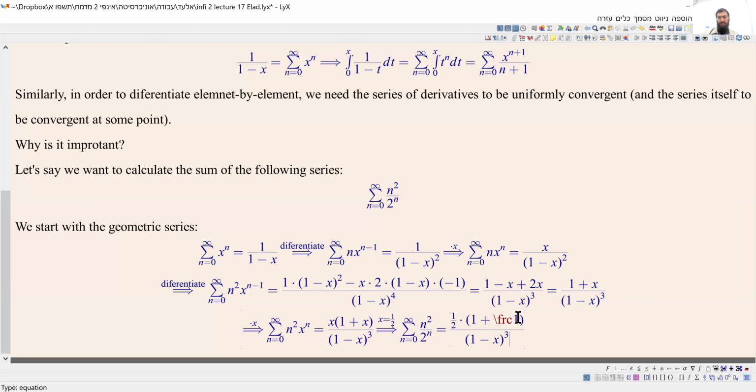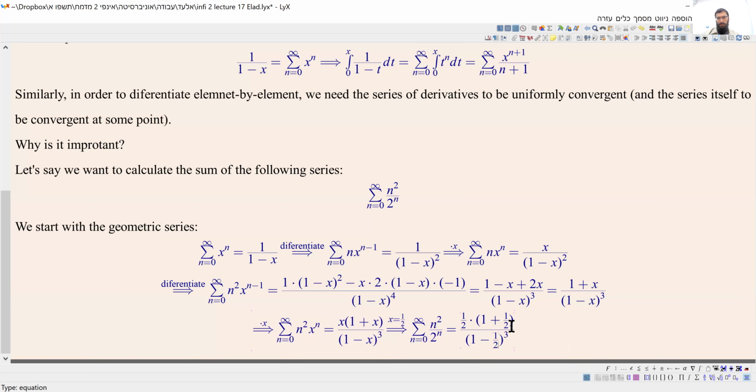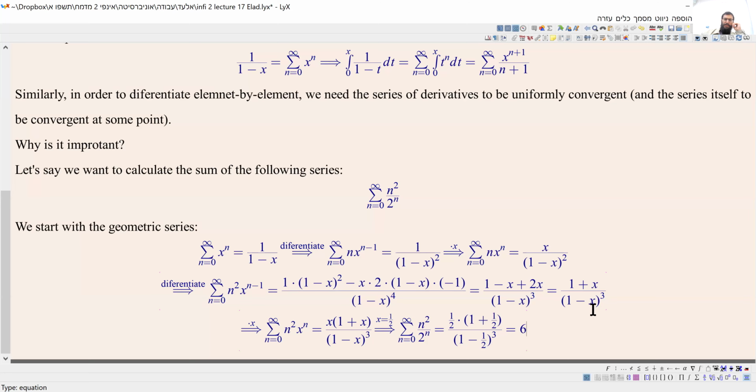Of course, we're not able to calculate every sum, but every sum that is similar to a power series, with enough trying, we could probably do so. What is this number? Hopefully, I'm not wrong. This is a half. It is a quarter. It is 6, as far as I can see.